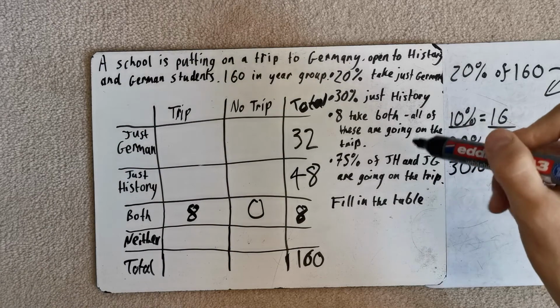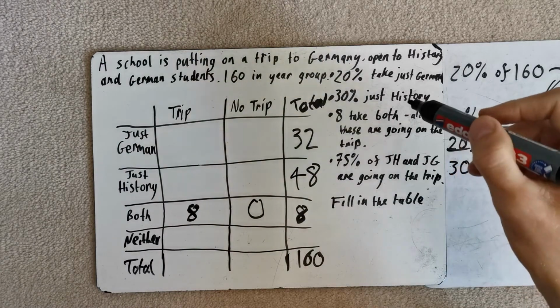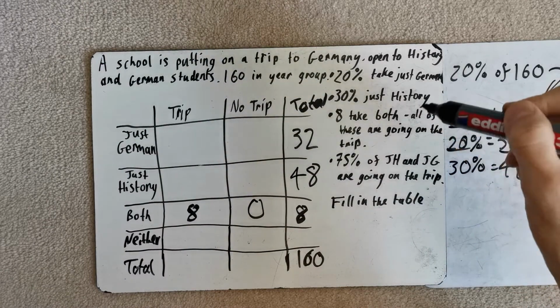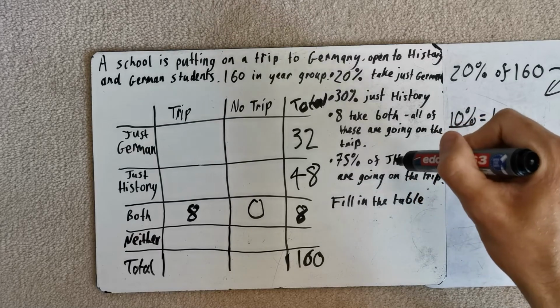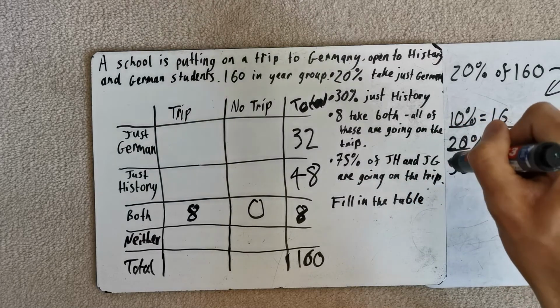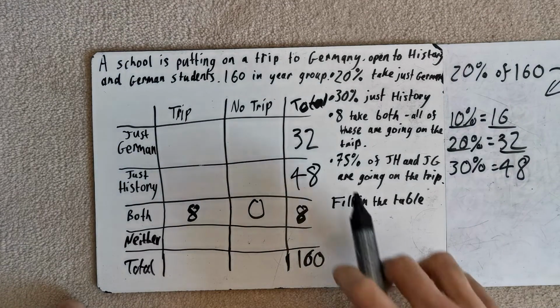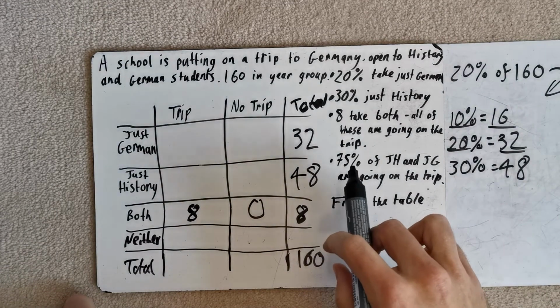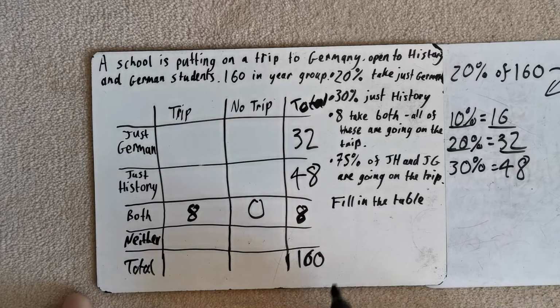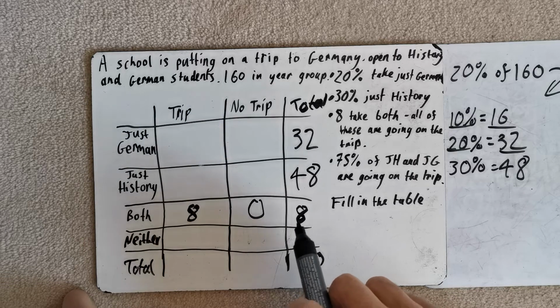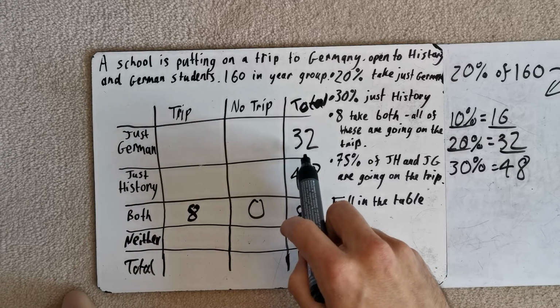Right, now let's see what else. So, 75% of just history and just German are going on the trip. So what does 75% mean? That 75% means 3/4, doesn't it? So, what we could do, what's 1/4 of 32?